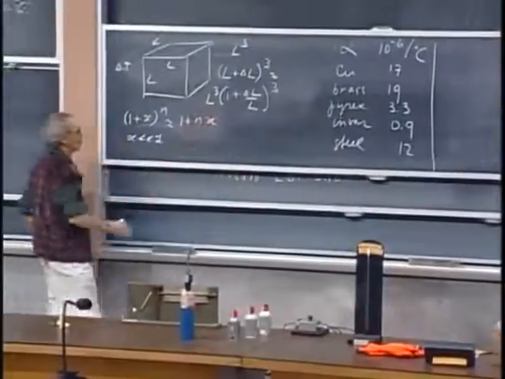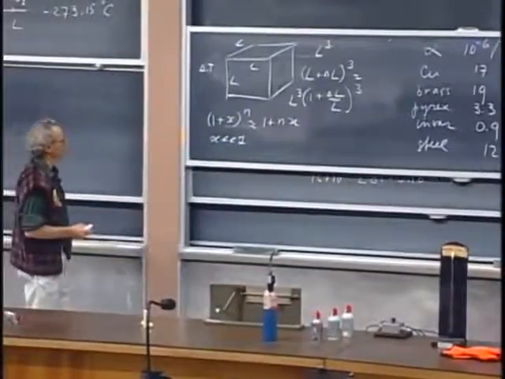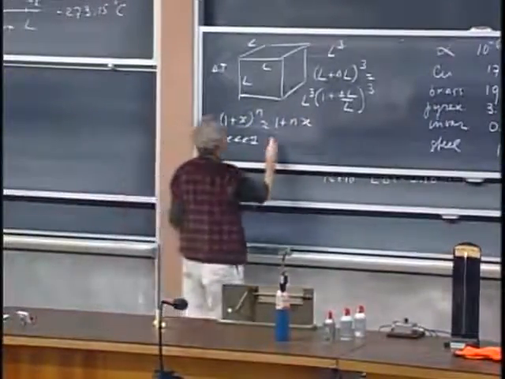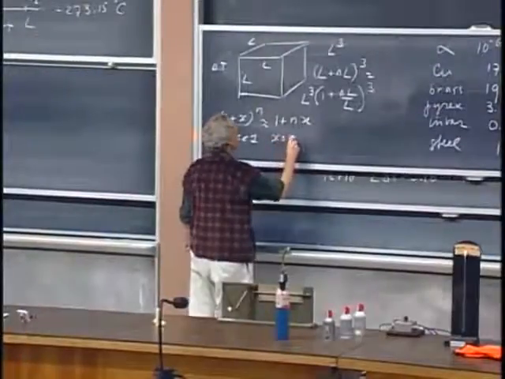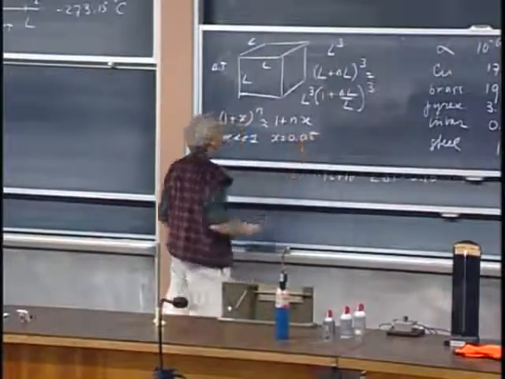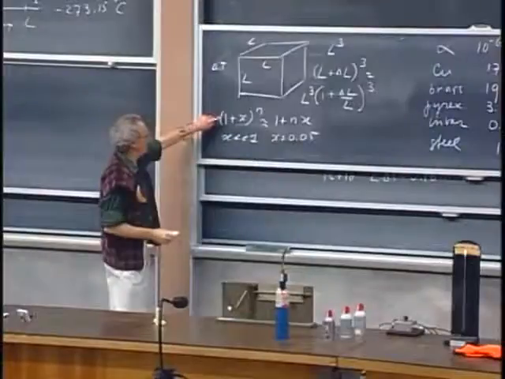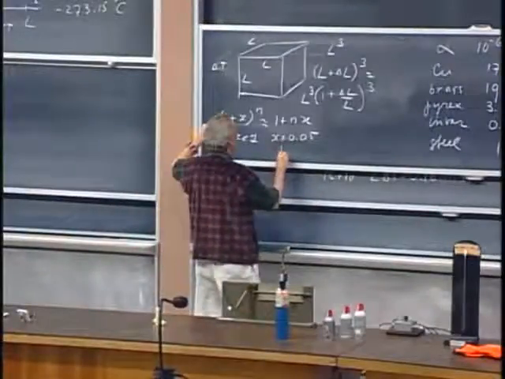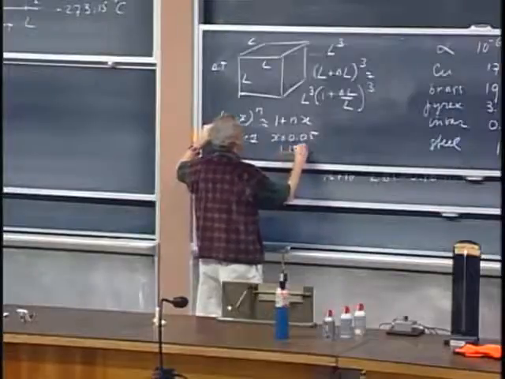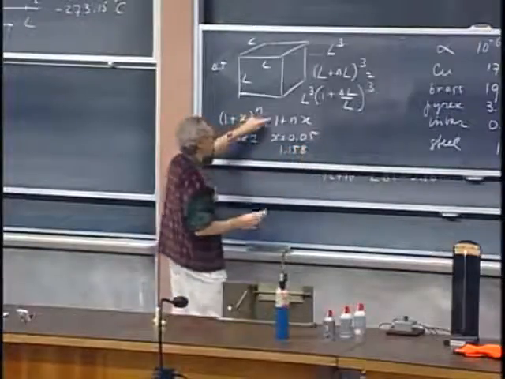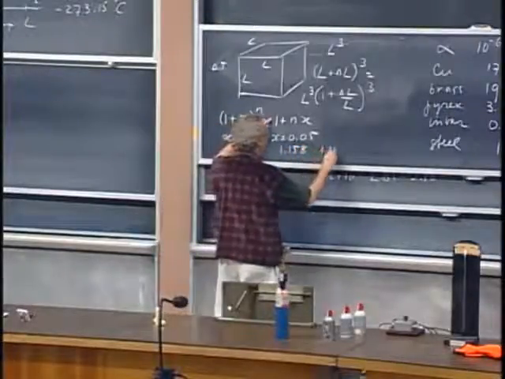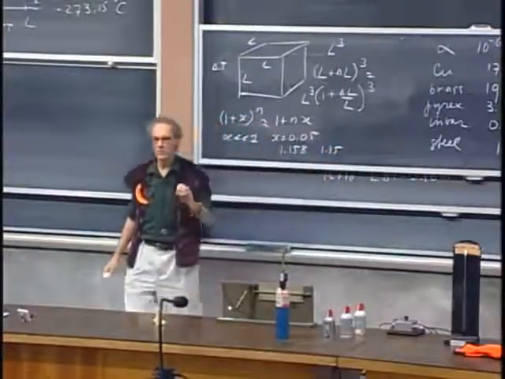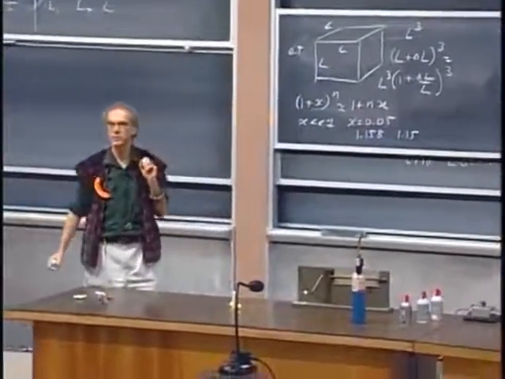It's really the first order terms of the Taylor expansion. If you, as an example, take x equals 0.05, and you calculate the exact value with your calculator, you would find 1.158. If you do it this way, you will find 1.15, which is very close. The approximation is better than 1%.